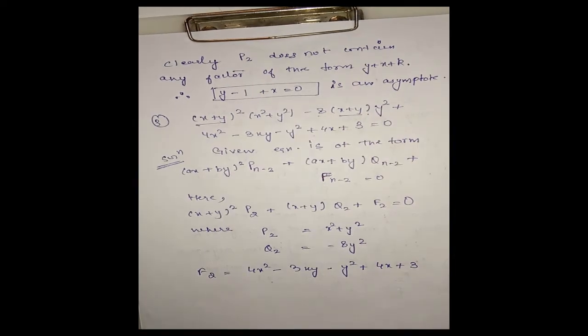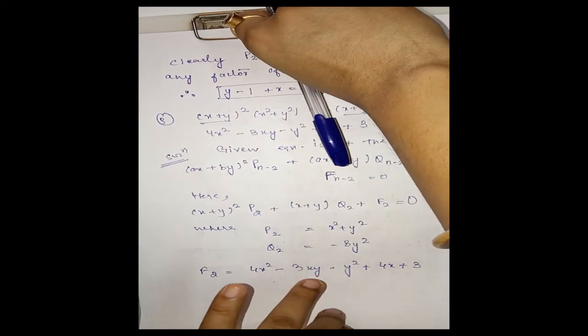Now we have to find the asymptote using the limit method of the subcase.